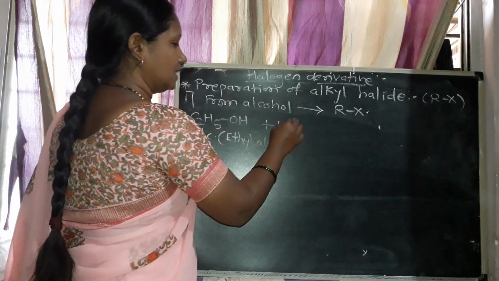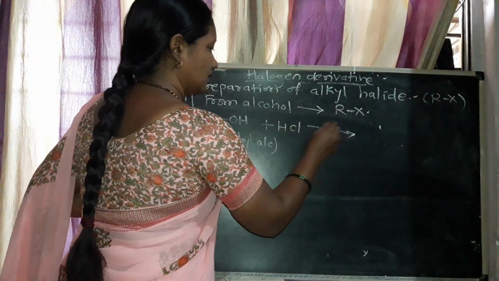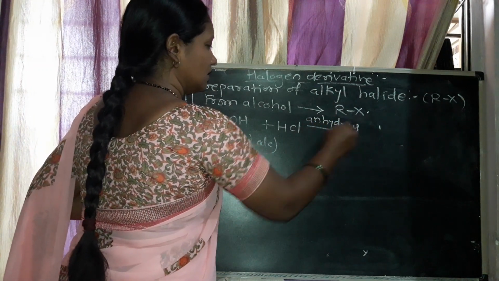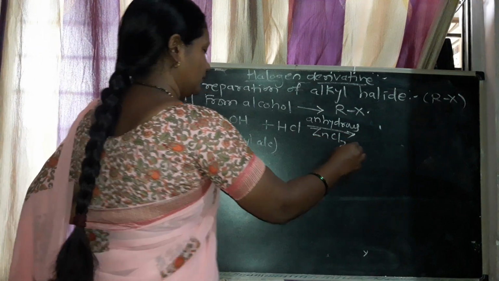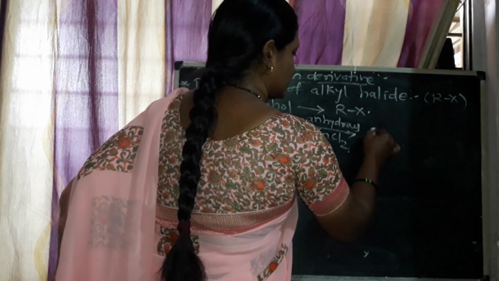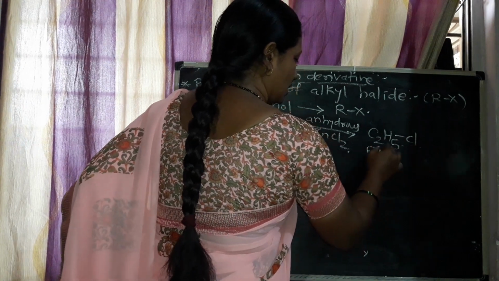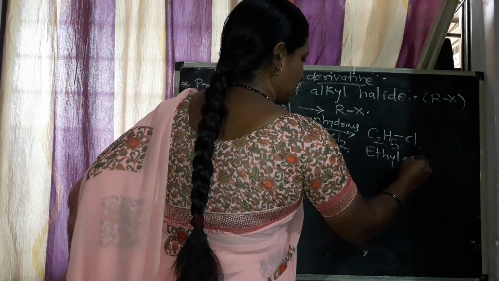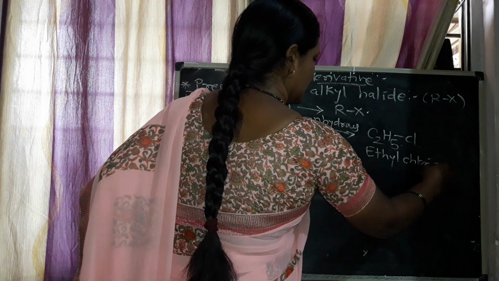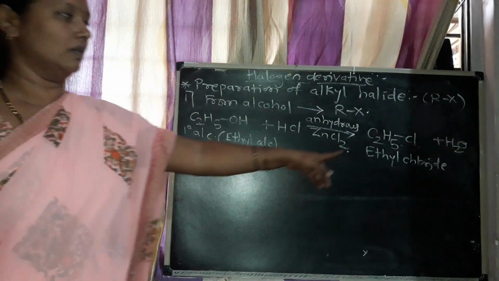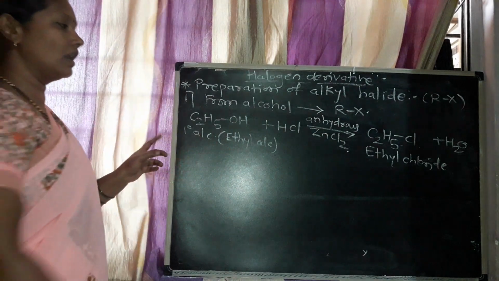It is reacted with HCl in the presence of catalyst anhydrous ZnCl2. Then OH is substituted by chlorine. Here is the formation of the product ethyl chloride plus H2O.